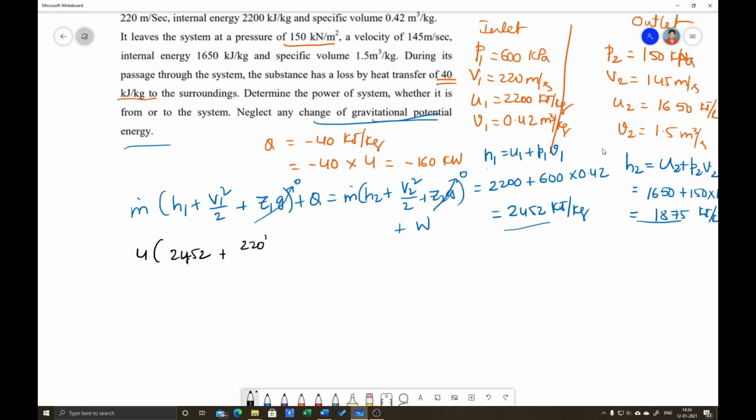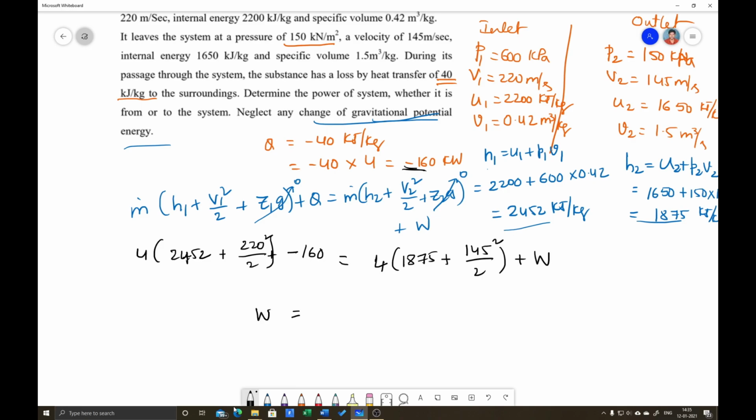plus V1 is 220 square by 2 plus, so here it is rejected by the system, so negative sign, minus Q is 160 kilowatts, which is equal to m dot same 4 into 1875 plus exit velocity is 145 square by 2 plus W. You will get the work from this equation.